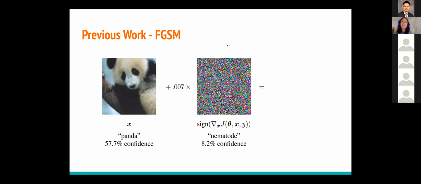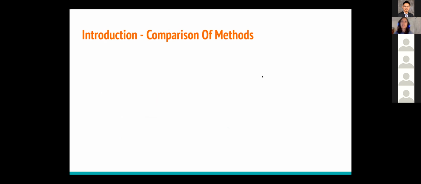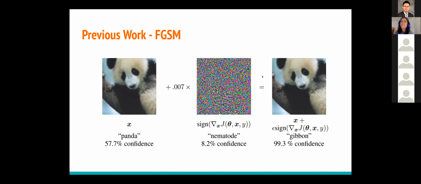And then by adding these values to our original image, we can get a perturbation, which, since all these offsets were meant to confuse the model, means the model is now unable to accurately classify the image. There do exist slightly different methods for adversarial attacks besides FGSM, but this is one of the most famous and is the basis for this paper.